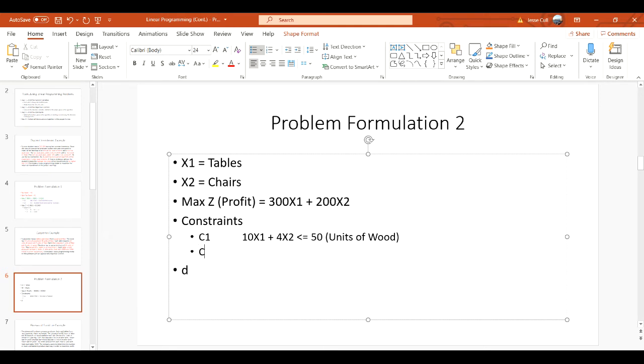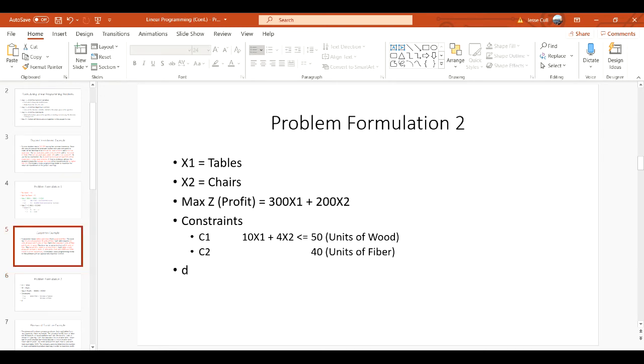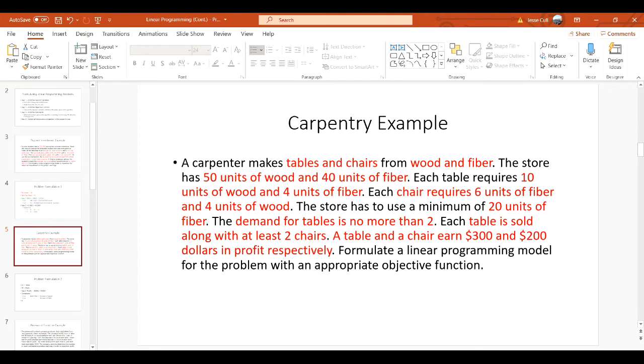So then we do C2, and we know that's fiber. We know that we have 40 units of fiber. So let's go back into our question, and we see that a table is 4 units of fiber, a chair is 6 units of fiber.